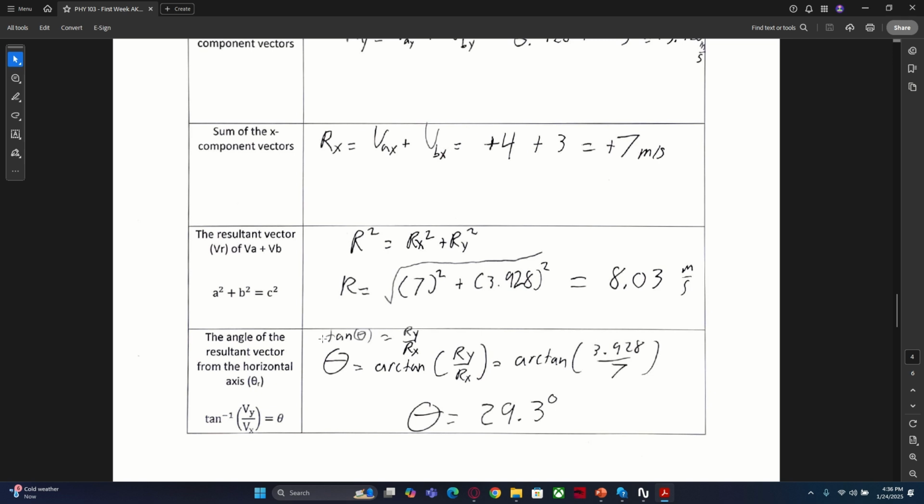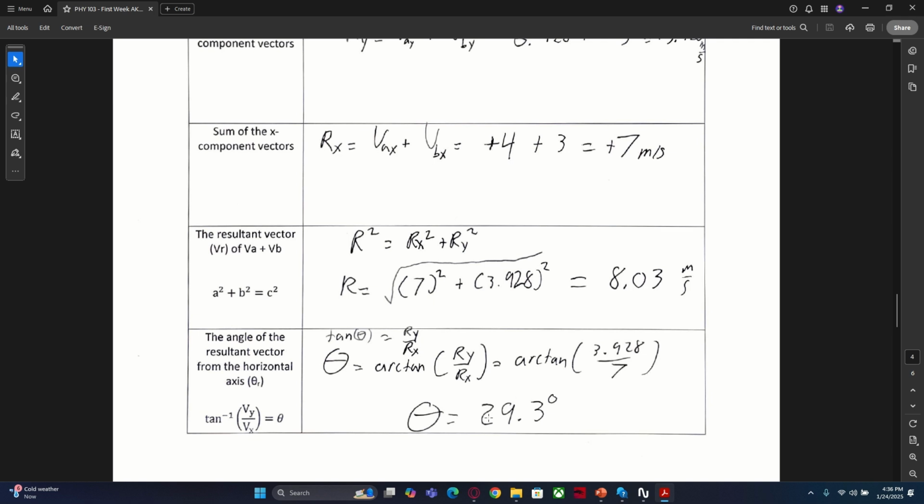And then the angle, theta, is going to equal arctan, or it may be written on your calculator as tan inverse, like as shown here. In either case, that function of the y component divided by the x component. So arctan of 3.928 divided by 7.